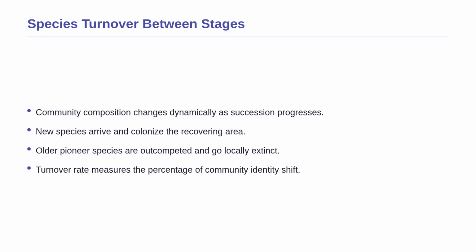At the same time, the older pioneer species that need direct sunlight are outcompeted, shaded out, and eventually go locally extinct. To understand how fast this replacement is happening, ecologists use a metric called the species turnover rate. This rate measures exactly how much the community's identity has shifted over a specific period, allowing us to compare the stability of different ecosystems.